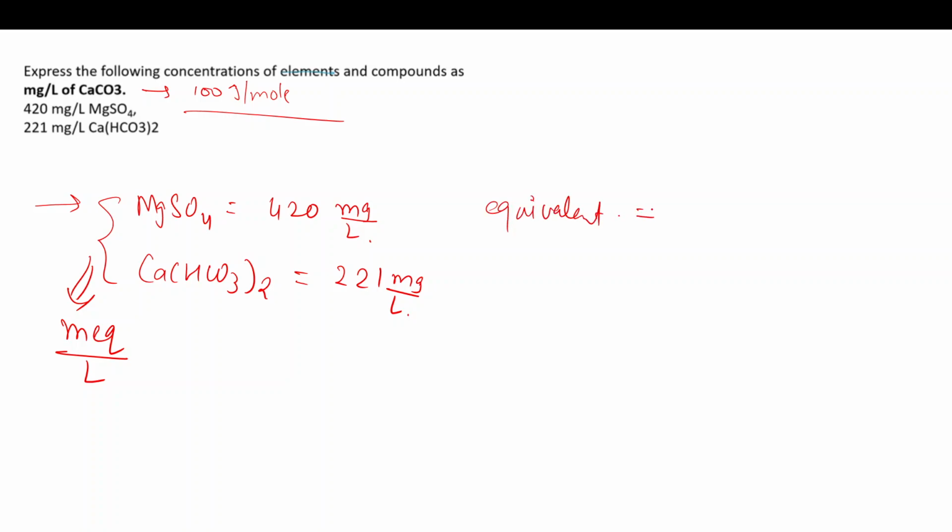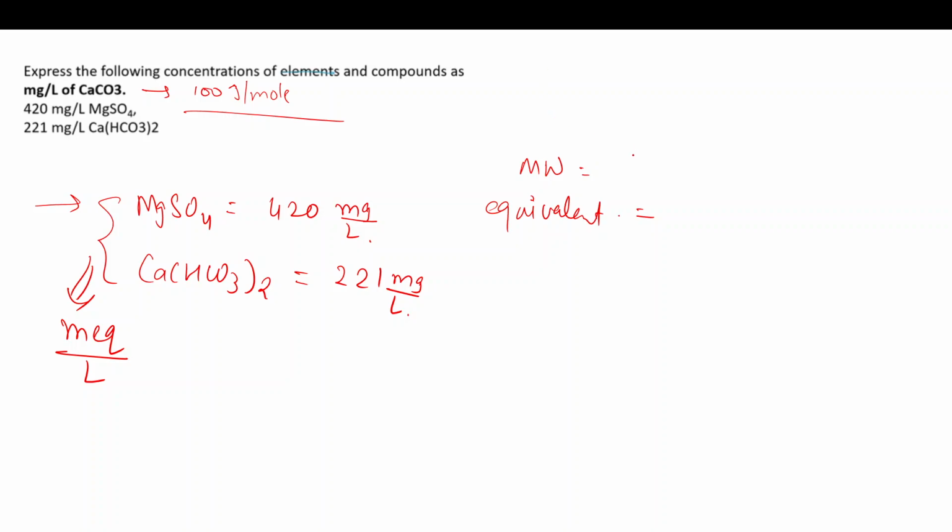Equivalent weight of MgSO4 will be, let's see, the molecular weight, right. So first calculate the molecular weight, from that you will be able to calculate the equivalent weight. So molecular weight of MgSO4 will be 24 plus 32 plus 4 into 16, that will be 64, right.